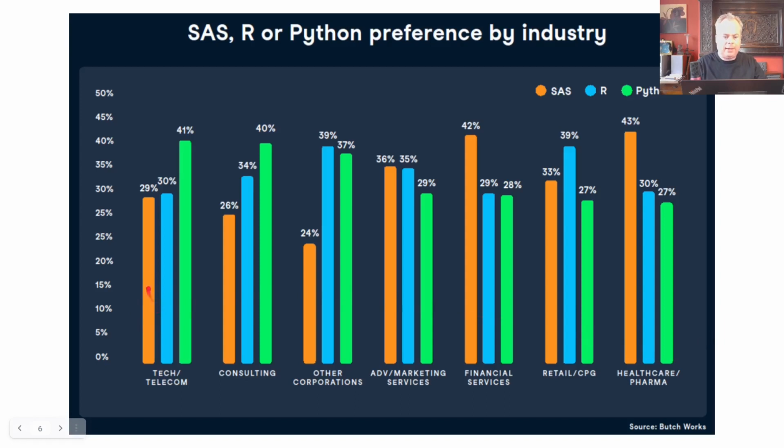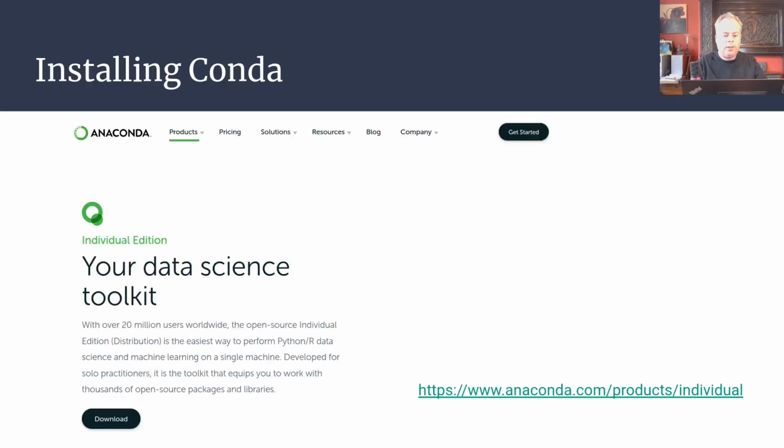In tech and telecoms, Python is really up there, then R. Similarly for consulting work. So across the board, these are three commonly used languages, but only R and Python are open source, and their popularity has increased significantly in recent years, and I suspect that trajectory is only going to continue.